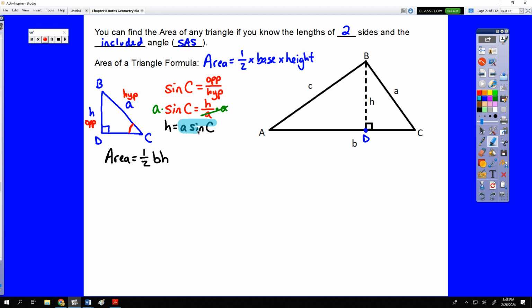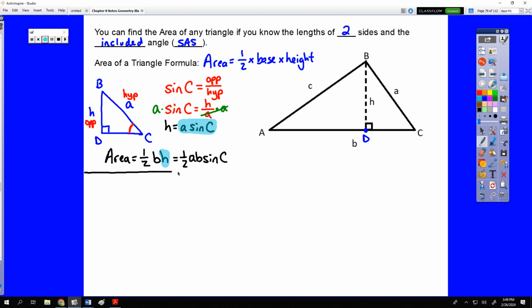In algebra, if H is equal to A times the sine of C, it can be substituted into any equation for H. So that would be 1/2 A times B times the sine of angle C, which is an alternative equation for the area of the big triangle ABC, based on knowing two side lengths, A and B, and the included angle for A and B, which is angle C.